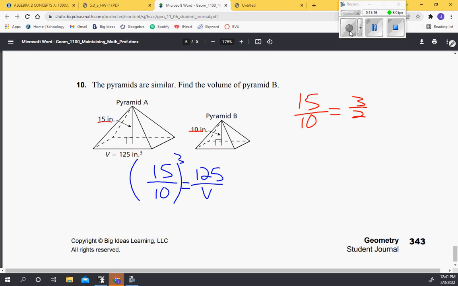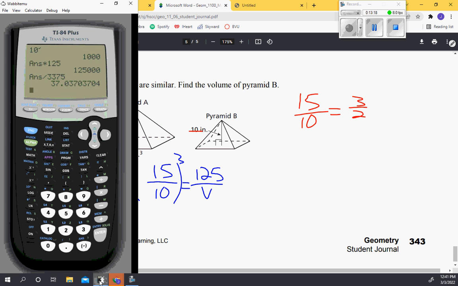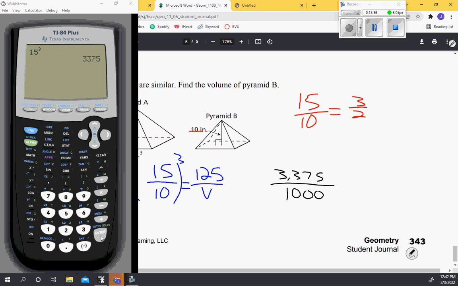So what we have to do is cube 15 and 10. So 15 cubed is 3,375. So we'll rewrite this. 10 cubed is 1,000. That's equal to 125 over V. Okay, all we do is cube the side lengths, not anything else, not the volumes, the side lengths. Cross multiply.